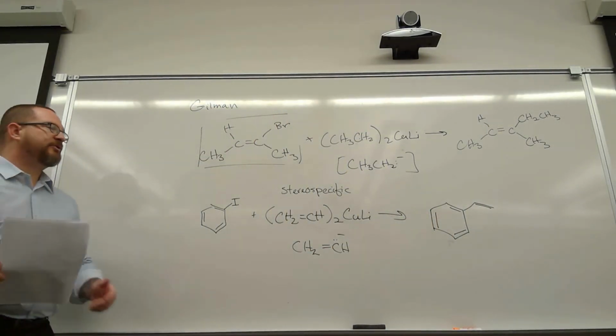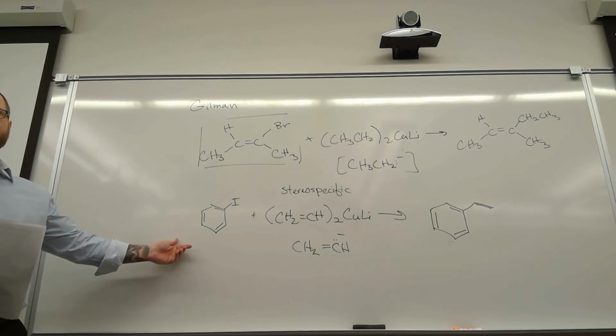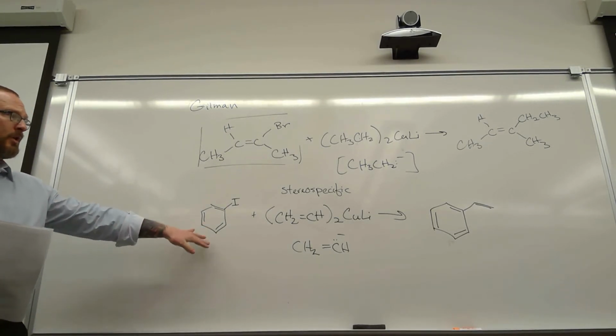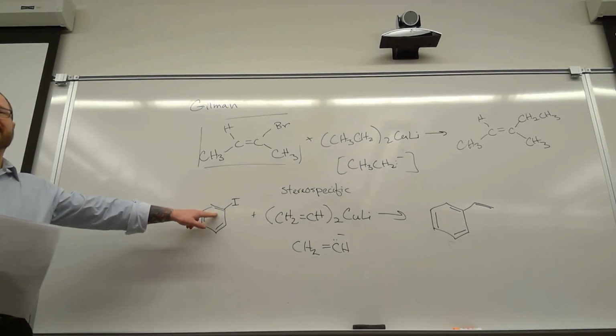So you have a huge diversity of ways to join carbon-carbon compounds now, as long as you aren't using a secondary or tertiary carbon. This is aryl, which is benzene rings, which we will start next semester. The very first chapter we'll do will be benzene rings.